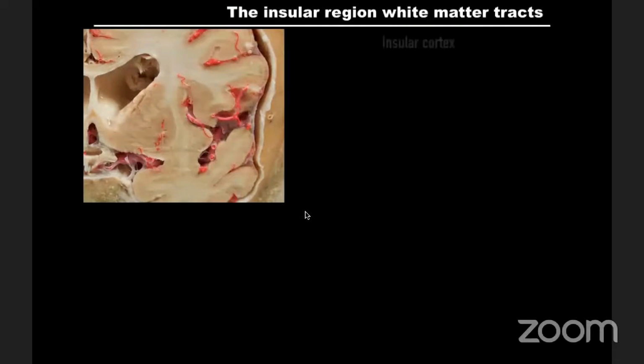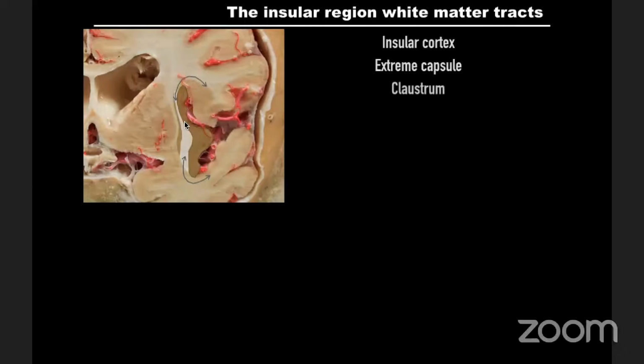So from lateral to medial, we will start removing the insular cortex, then the extreme capsule, which is indeed the U fibers of the insula. These fibers of the extreme capsule are connecting the subopercular regions of the frontal and temporal lobes together with the subcortical region of the insula.